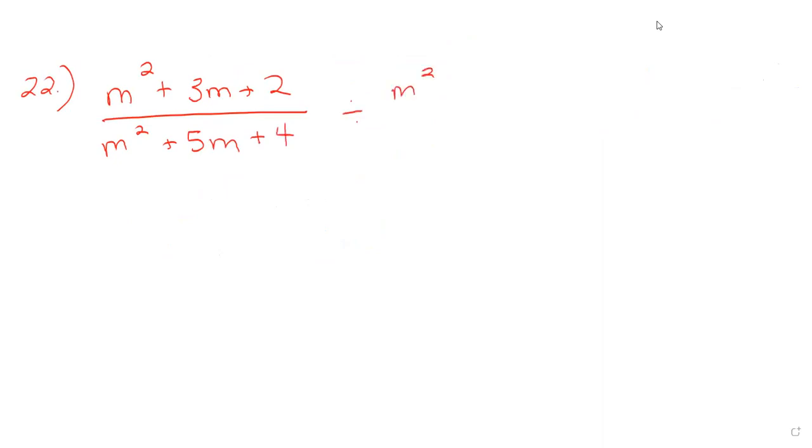So number 22, they give me m squared plus 3m plus 2 over m squared plus 5m plus 4 divided by m squared plus 5m plus 6 over m squared plus 10m plus 24.